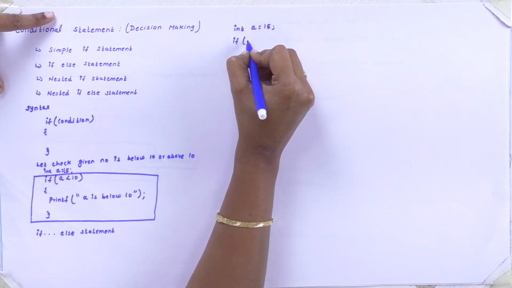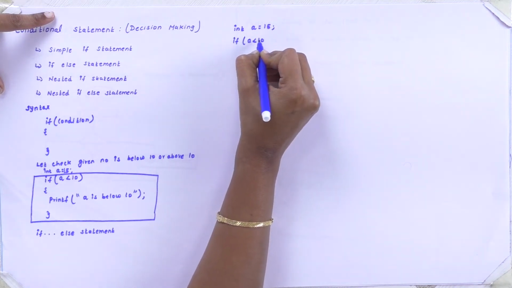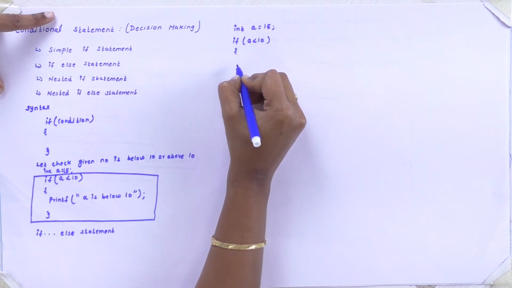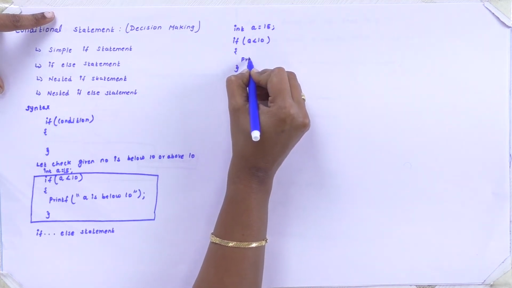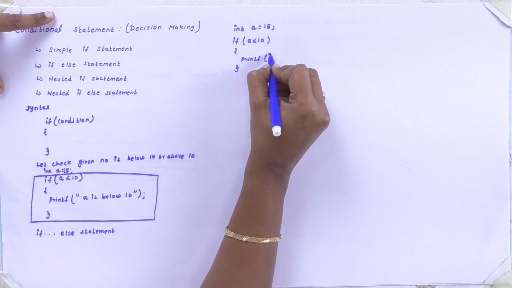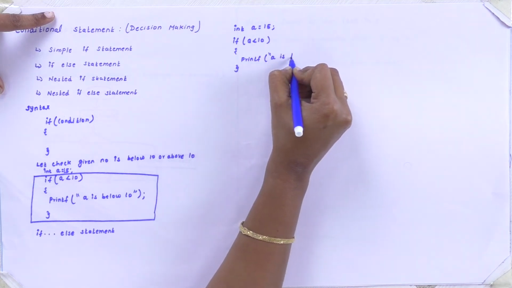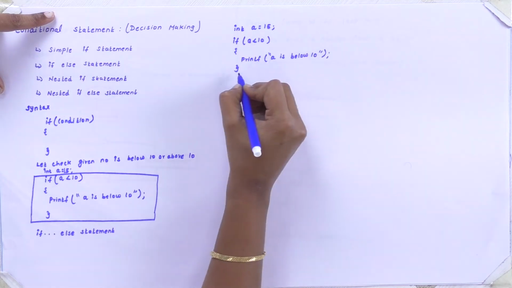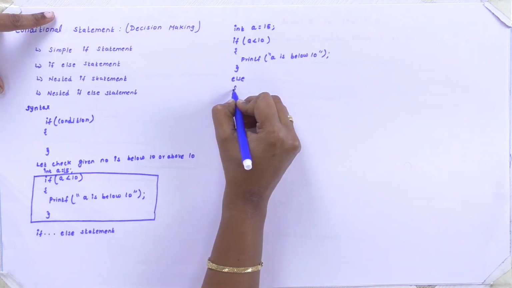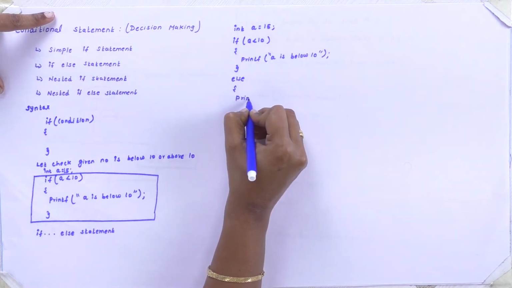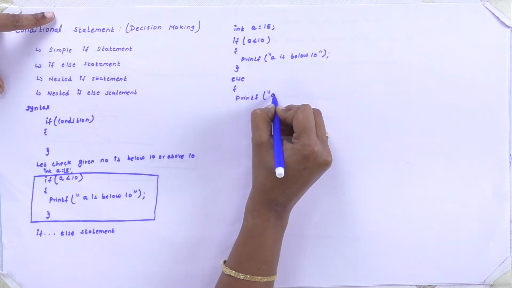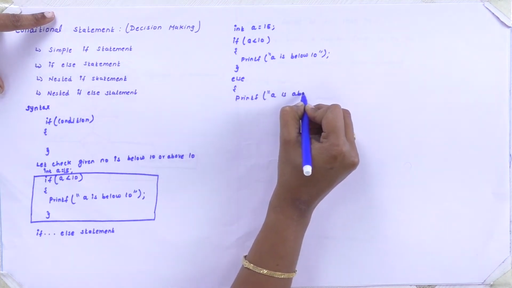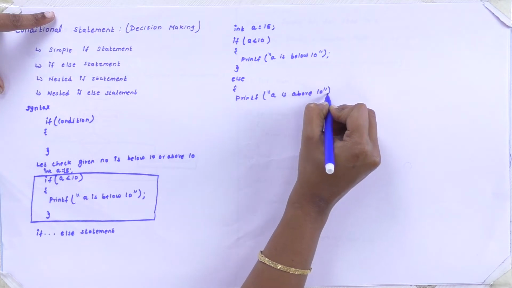Here I am going to check the value a less than 10. So printf a is below 10. Else I am going to print a is above 10.